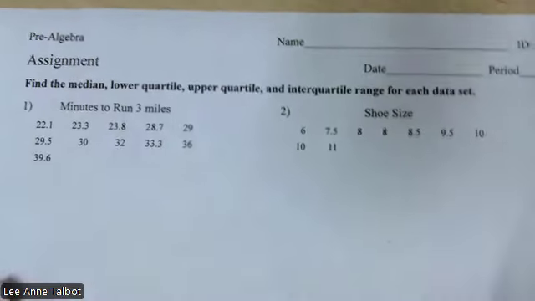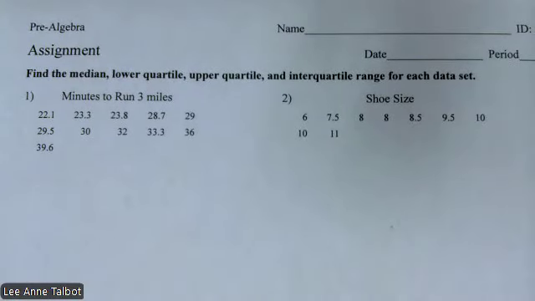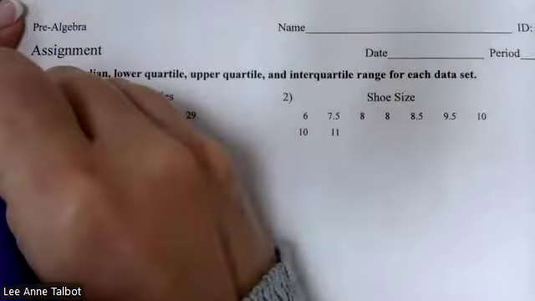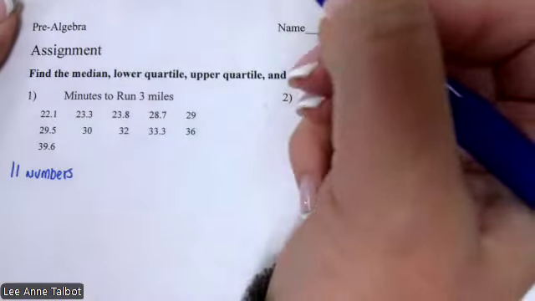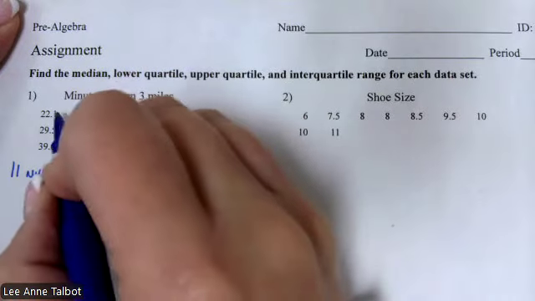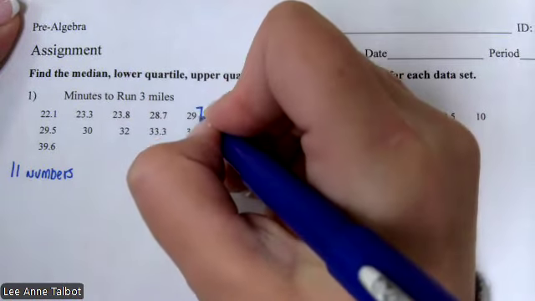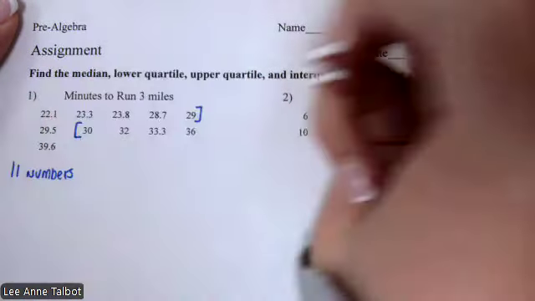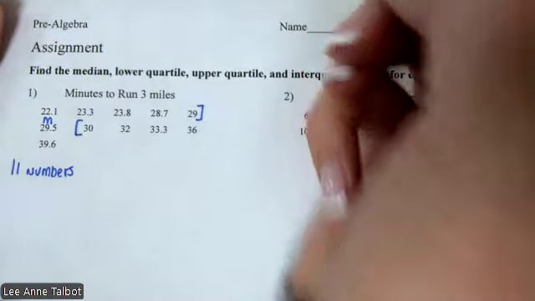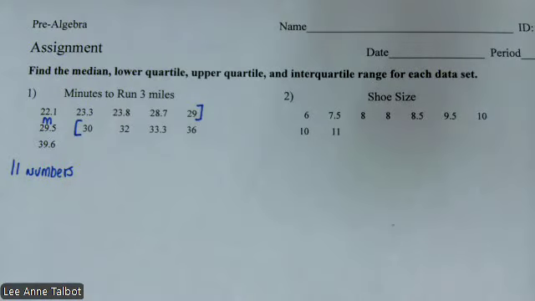This one has 9. So they have a little bit of a different approach. This one has 11 numbers. That means that you'll have 5 numbers below the median and 5 numbers above the median. And the median is an actual number this time. It is the 6th number.